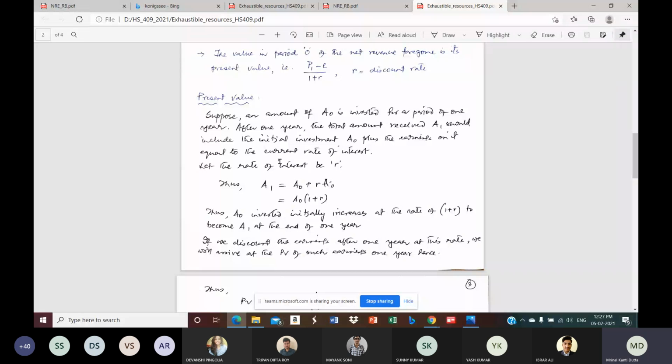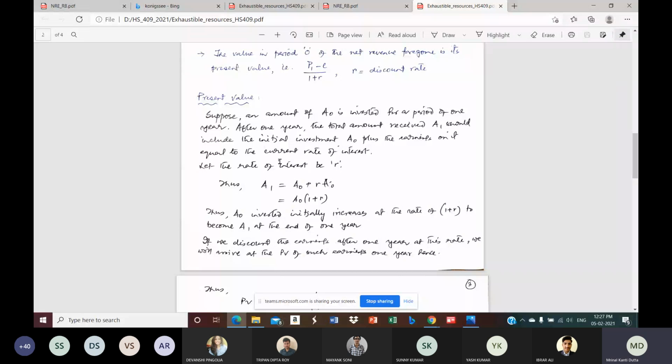So if there is a series of incomes forthcoming from an investment over a period of time, and the life is suppose n periods, then the total present value of the earnings can be shown as the sum of these discounted values. For the first period, the present value will be A1 by 1 plus R. For the second period, A2 by 1 plus R to the power 2.